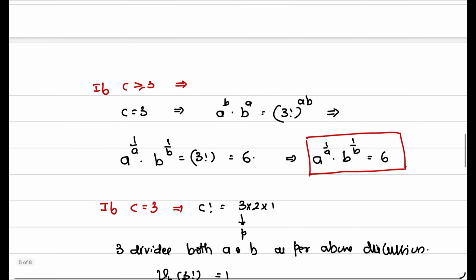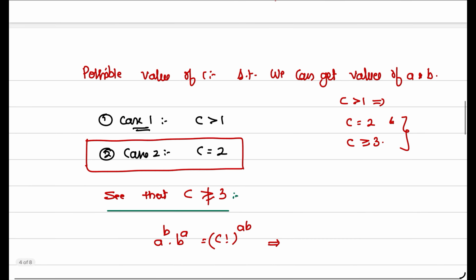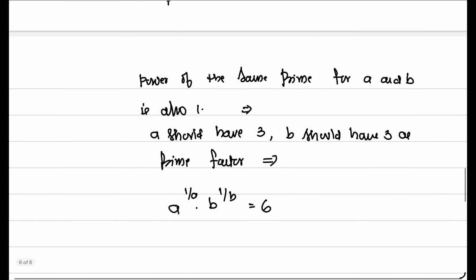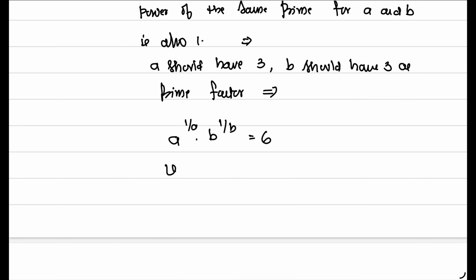That means the power of the prime in A by A plus the power of the prime in B by B is equal to 1, which is the equation we have got.